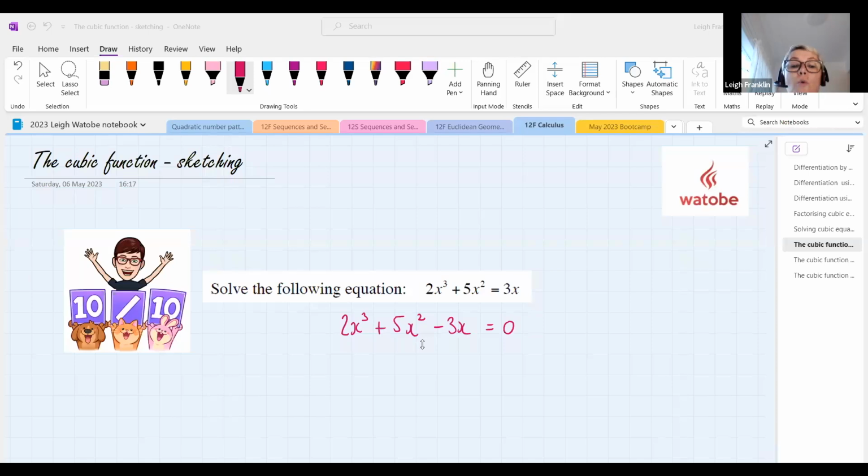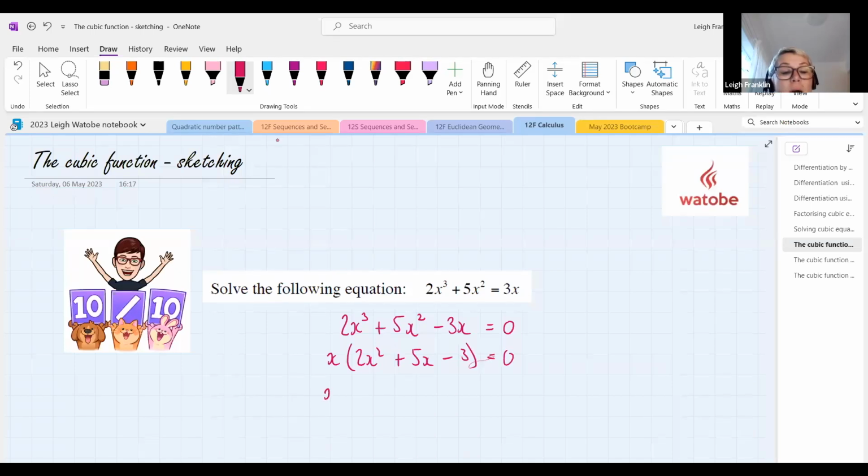Of course, we've got to make y equal to 0 if we want to solve for x. Perfect. So now every single term in this particular equation, even though it's a cubic, has an x in it. So that means that we can take x out as a highest common factor. So I would be left with 2x squared plus 5x minus 3 equals 0.